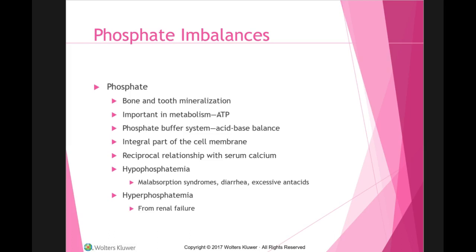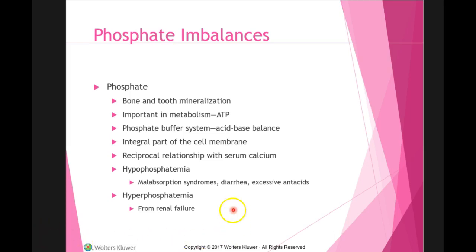Phosphate is also an integral part of the cell membrane, and as I stated before, it has a reciprocal relationship with serum calcium. Causes of hypophosphatemia include malabsorption syndromes, diarrhea, and excessive antacid use, and the most common cause of hyperphosphatemia is renal failure.